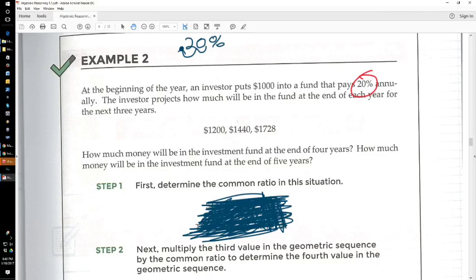Now, if you look at the actual equation, we're going up by a factor of 1.2. If you take 1200 and multiply it by 1.2, you get 1440. If you take 1440 and multiply it by 1.2, we get 1728.